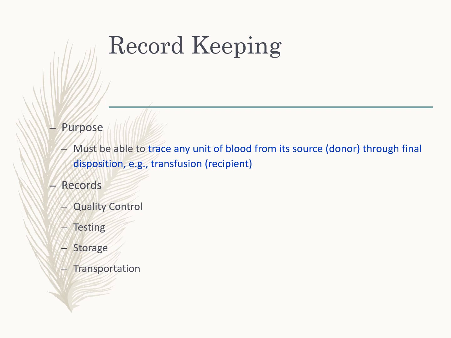The floor, whenever they transfuse it, everything is documented every step of the way so that you know exactly who did what to that unit of blood. So you always have to make sure you keep records of quality control, testing, storage, transportation, everything.